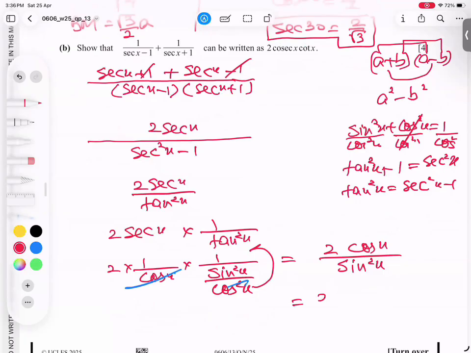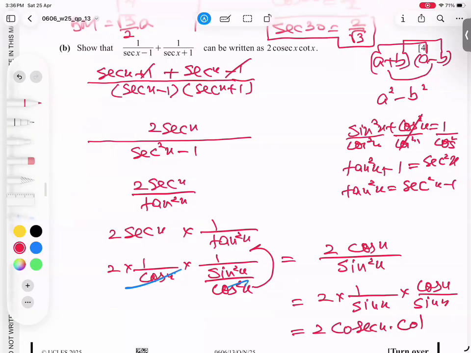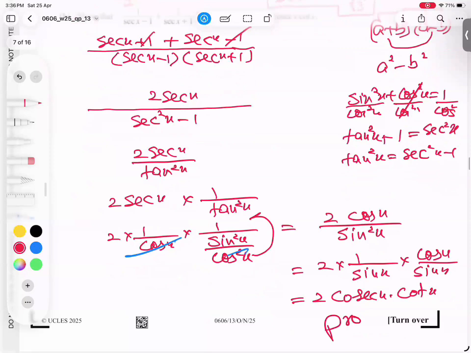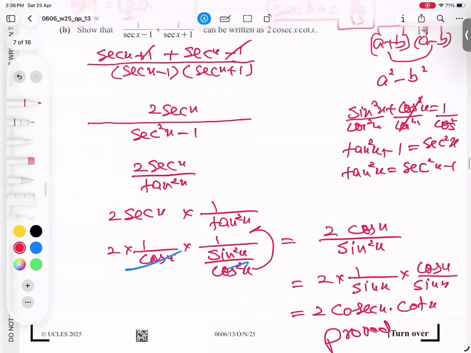So I'm writing 2 into 1 over sine alone and cos over sine alone. 1 by sine is called cosecant and cos over sine is called cot, and the target is achieved. Proved. So I hope the concept of the question is very clear.